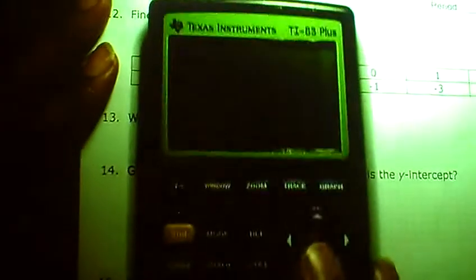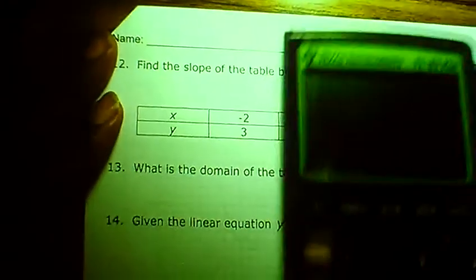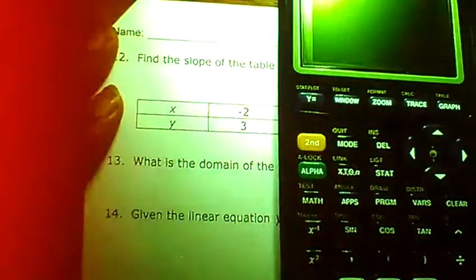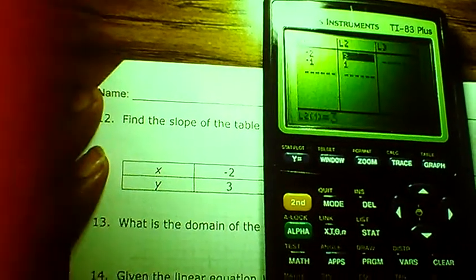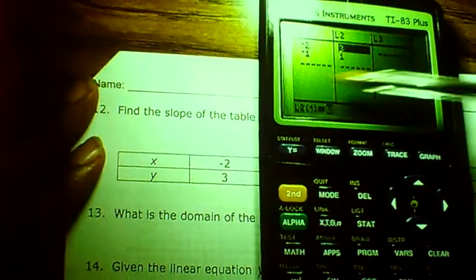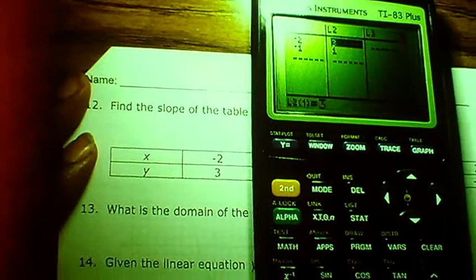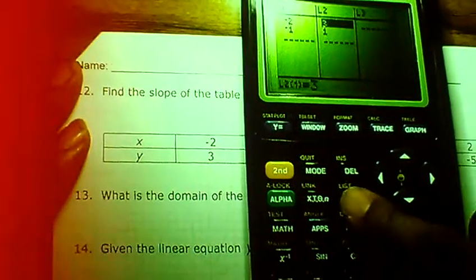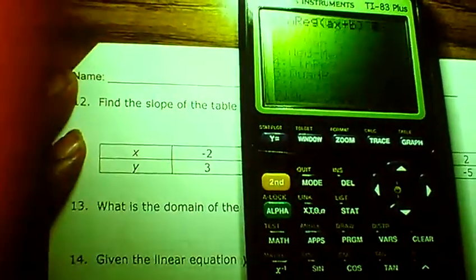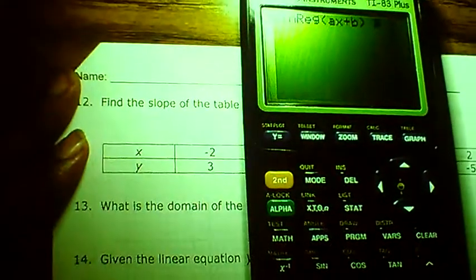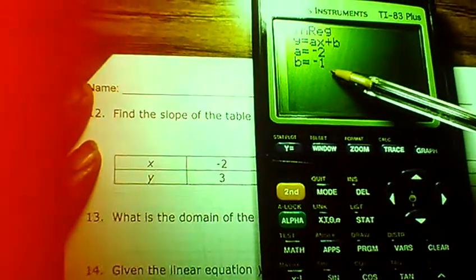Since we have a table, we can go to Stat, Edit, put our numbers in our L1 and L2, and I've already done that. Go to Stat, over to Calc, number 4, which is linear regression. Press enter, and we get our A and our B.